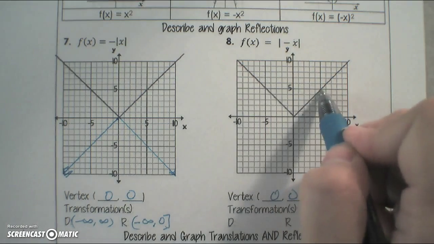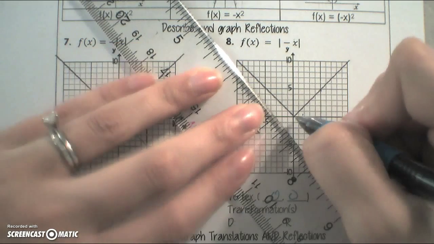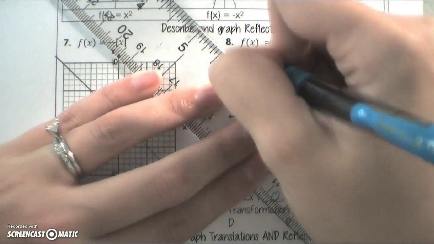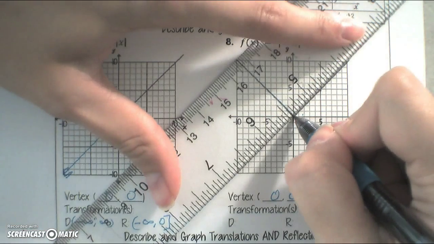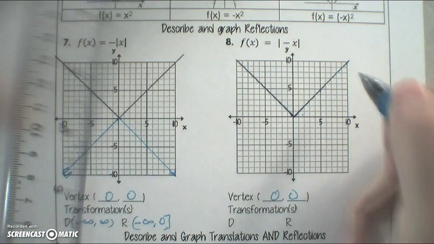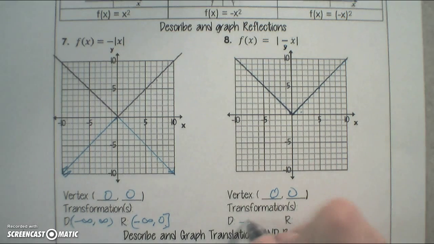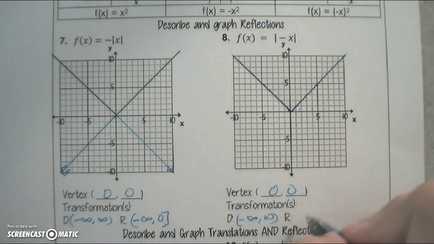So this side is now going to go onto this side, and the left side would flip to the right side. So it looks like nothing happened because we just flipped it left and right. So this one is still the exact same as the original parent function, with a range of 0 to infinity.